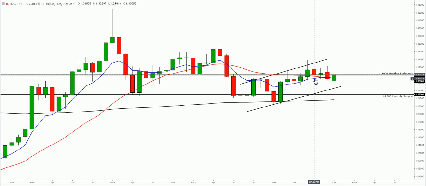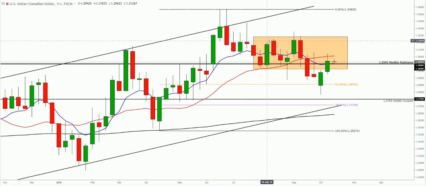As you can see, the exponential moving average is just above the simple moving average. We're expecting, after the start of this month gapping down, price to come down to meet this channel here, and as price attempts the 1.30 monthly resistance, we may still see a rejection to have price fall lower.